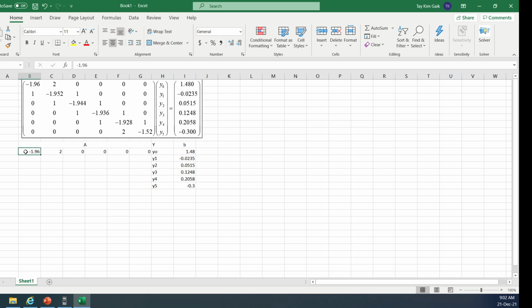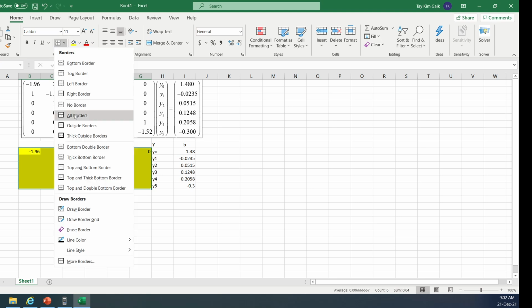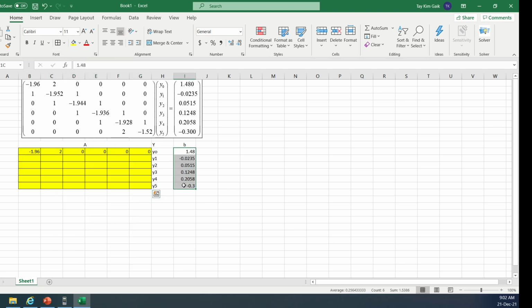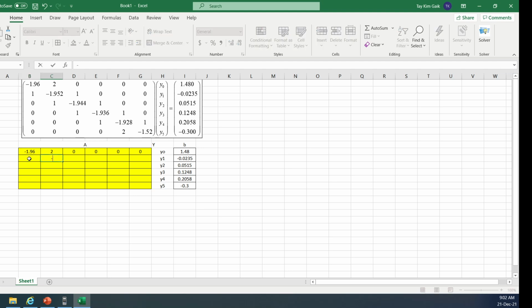Now key in the matrix A. The second row coefficients for A are 1 and negative 1.952, then 0 0 0.